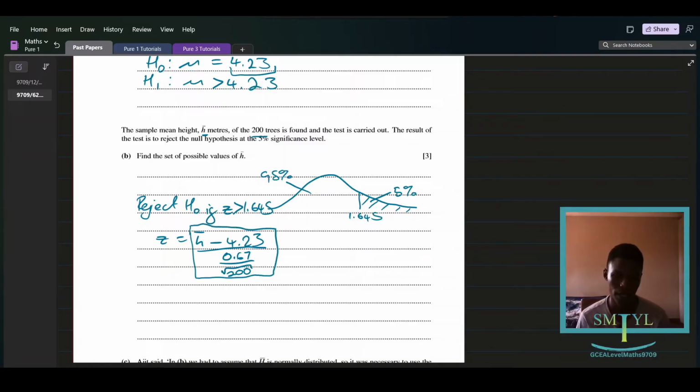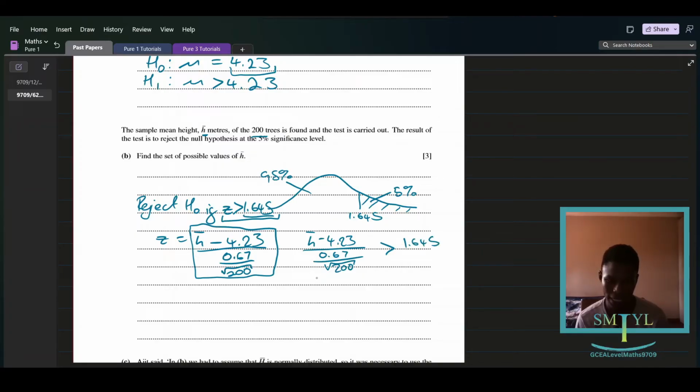So let's go back to our rejection rule. It says reject h0 if z is greater than 1.645. And we found that our z is equal to h bar minus 4.23 over 0.67 divided by root 200. So this will become h bar minus 4.23 over 0.67 over root 200 is greater than 1.645.